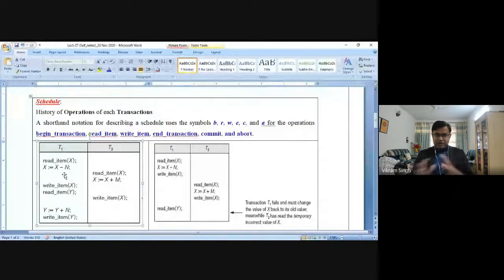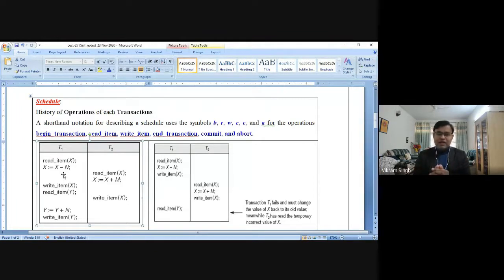So basically, a schedule is a representation. A schedule is a history, a set of logs, a set of operational details of the transactions involved in a system. At any point of time, if you see the logs of your laptop, various details are saved in a particular file, indicating the different operations performed on maybe a PDF, a Word file, or any folder.